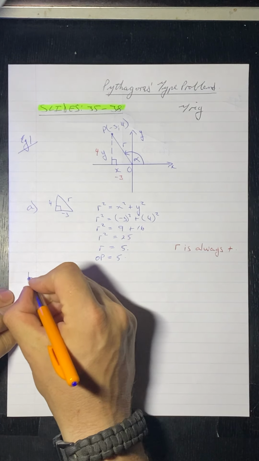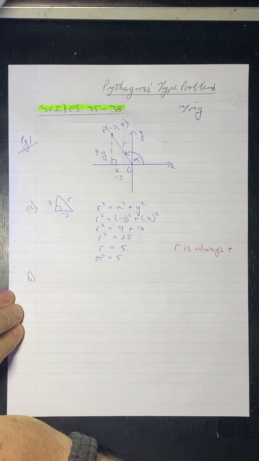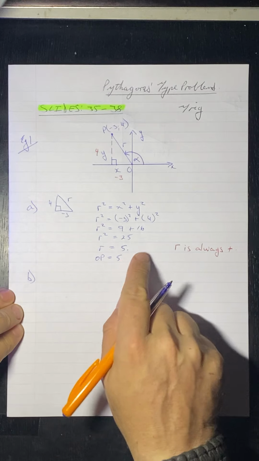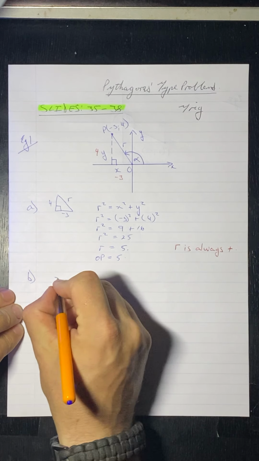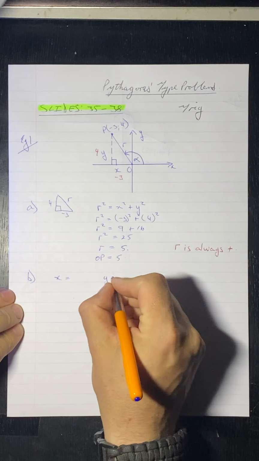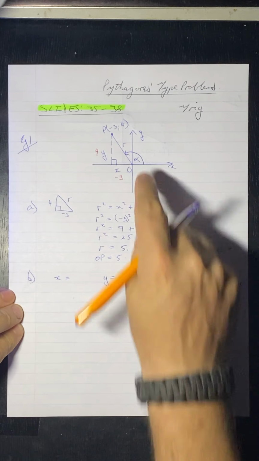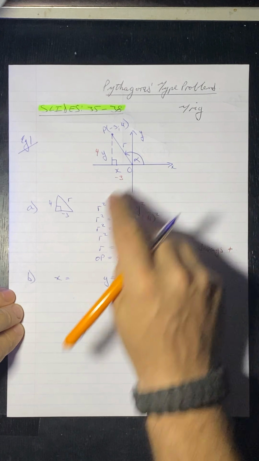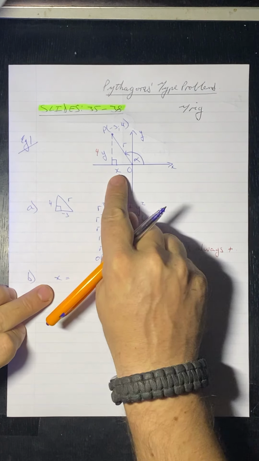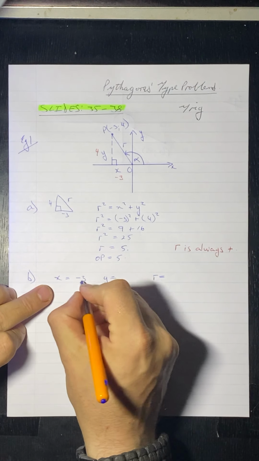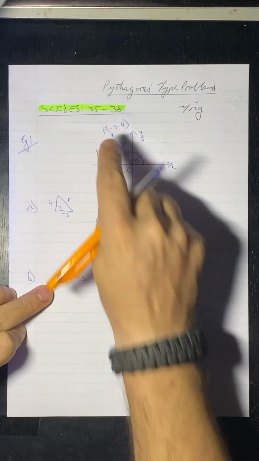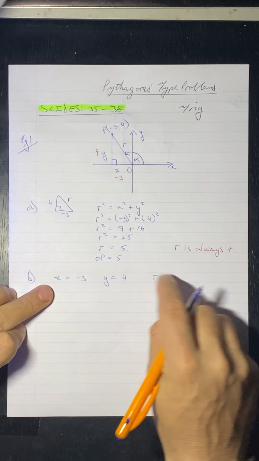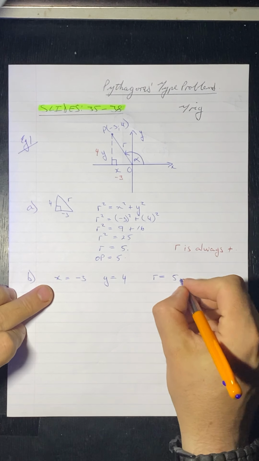Question B is saying find the value of all 6 trigonometric ratios. So before I do that, I just want to summarize all my values for this angle alpha. We know our x value is -3, our y value is 4, and our r value we calculated over here is 5.